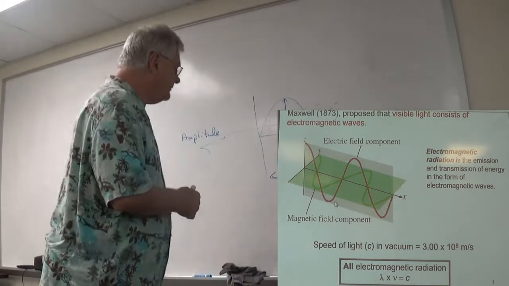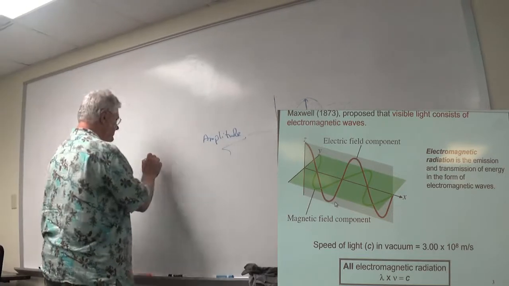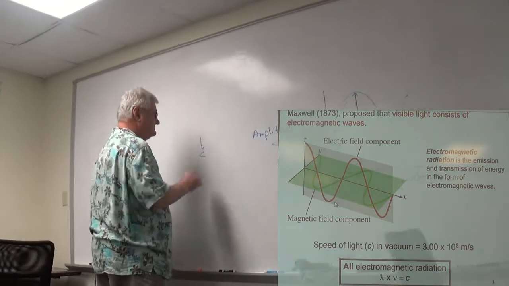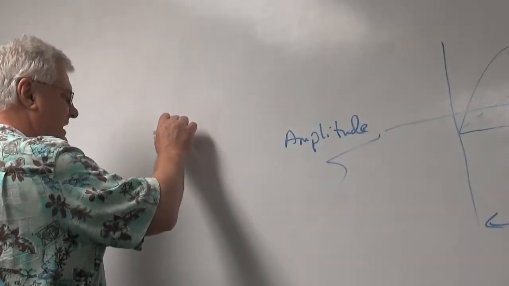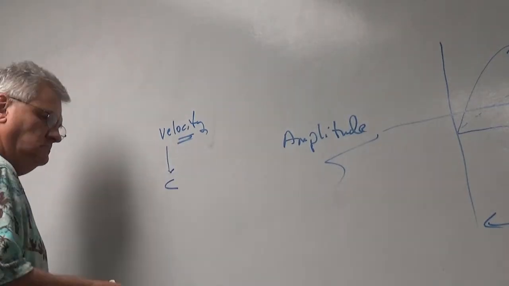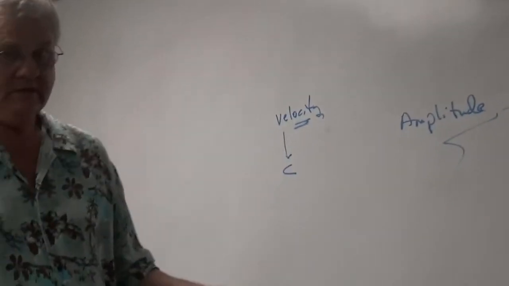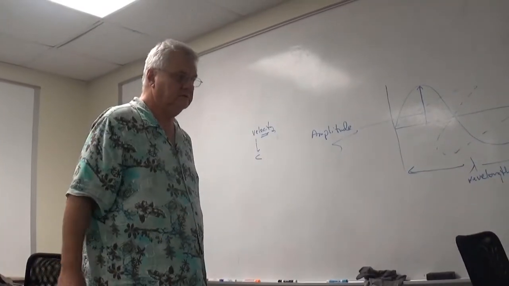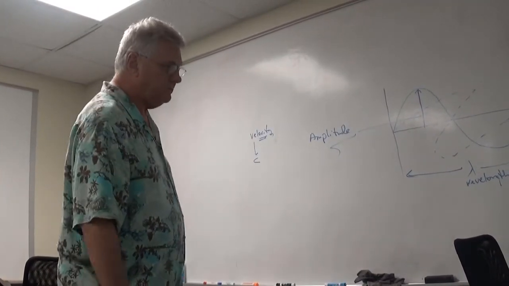For electromagnetic radiation, we said that c, the velocity in vacuum, is always going to be the same. It's 186,000 miles per second, but we use meters per second.